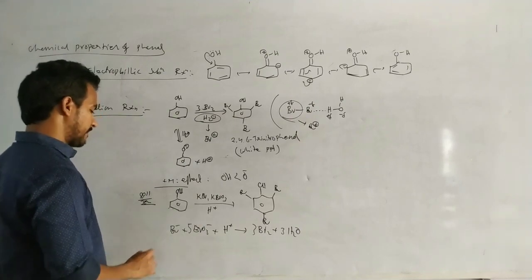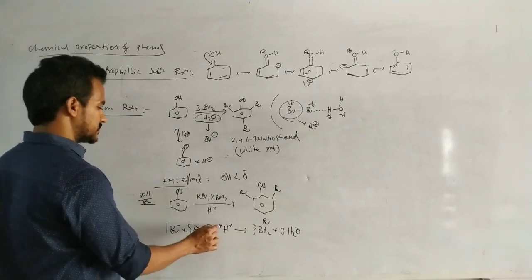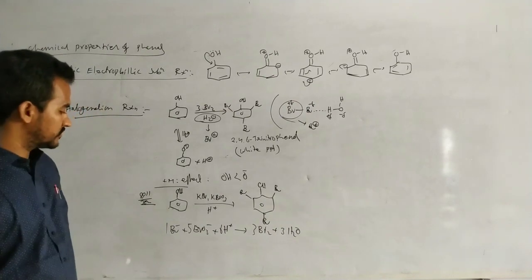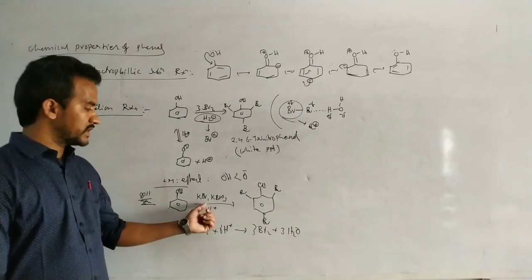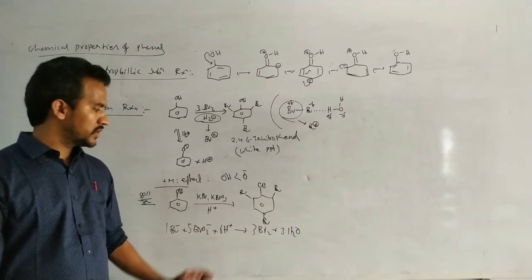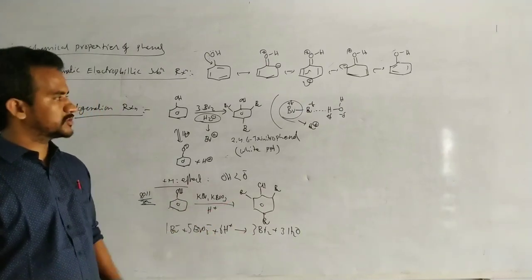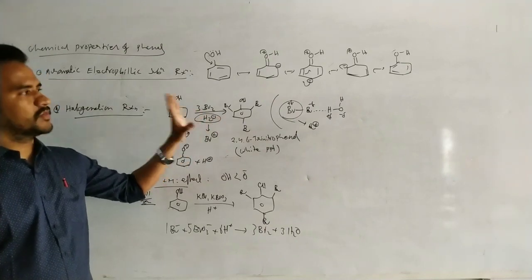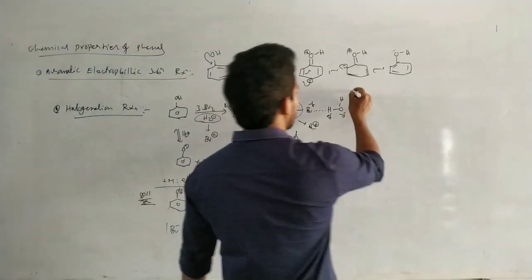By the combination of these compounds, we get bromine water, Br2 and H2O. Then tribromination takes place. Very, very important reaction, this one.